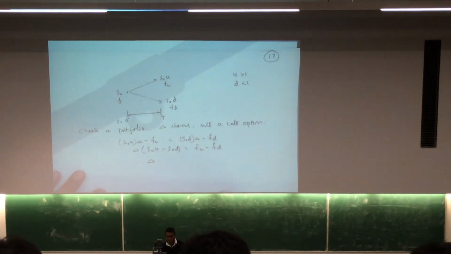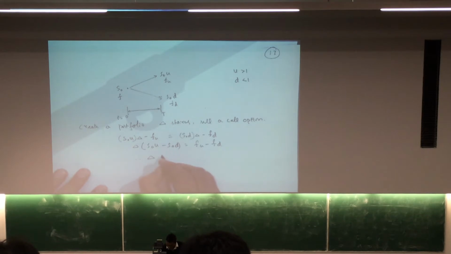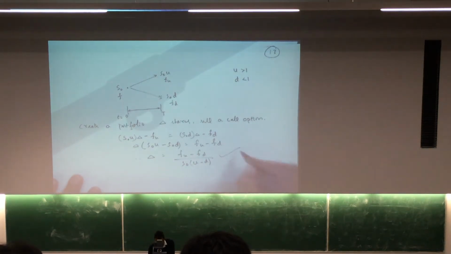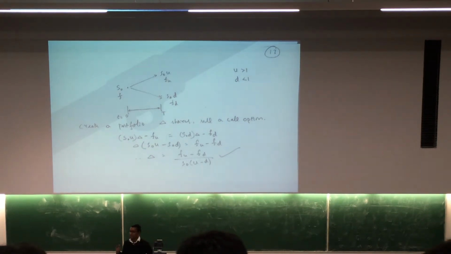Therefore, the number of stocks I am going to hold is going to be FU minus FD over S naught times U minus D. This is a simple formula. So you know how to create a portfolio now, where the portfolio value is going to be constant.